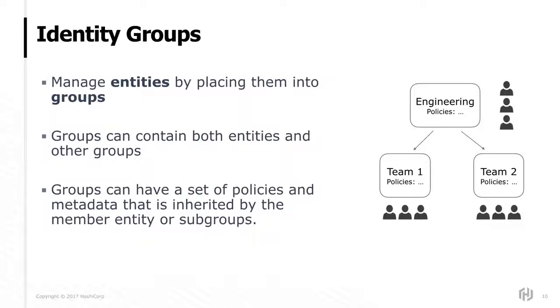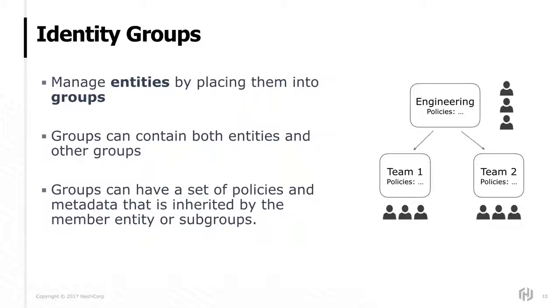So within identity, there's also groups. So groups are a way to manage the identities by placing them into this hierarchical set of groups. And groups can contain both entities and other groups. So over here on the right, we see we have an engineering group with some set of entities. We have Team 1 with some set of entities and Team 2 with some set of entities. And then each group also has their own set of policies associated to it.